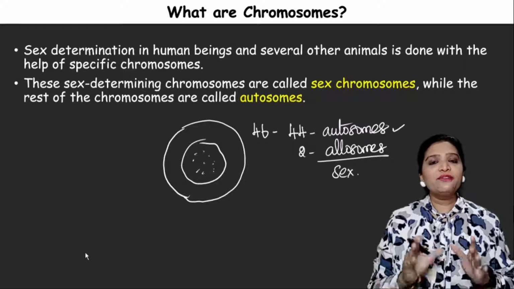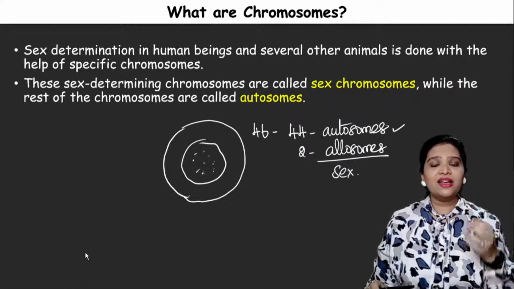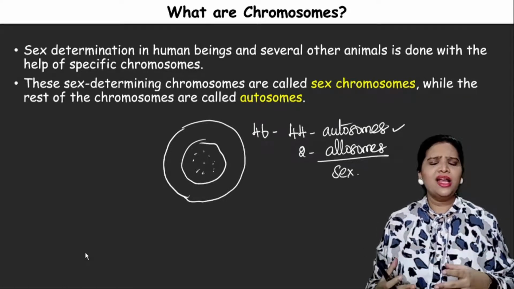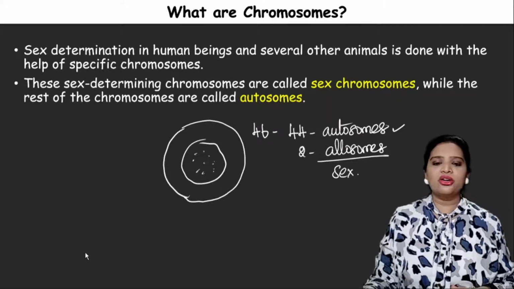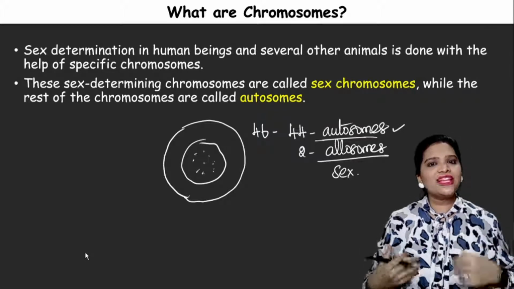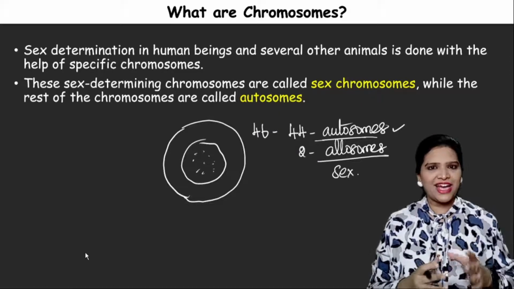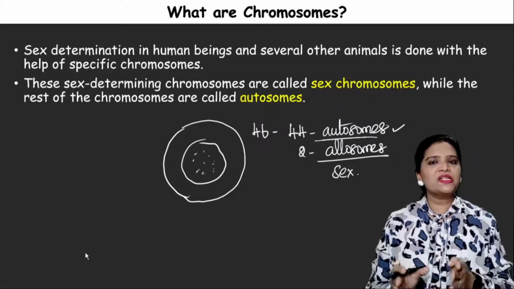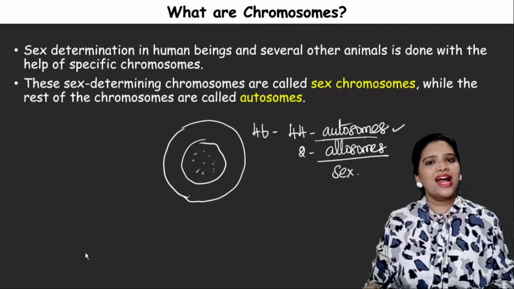The 44 chromosomes which are responsible for our eye color, hair color, our other organ structures, functions of the heart, other internal organs, all other things except our sexual characteristics are called as autosomes. The 2 chromosomes which are responsible for our sexual characteristics, whether we are a male or a female, we have specific characteristics, right? So the 2 chromosomes which are responsible for such specific sexual characteristics are called as sex chromosomes or allosomes.